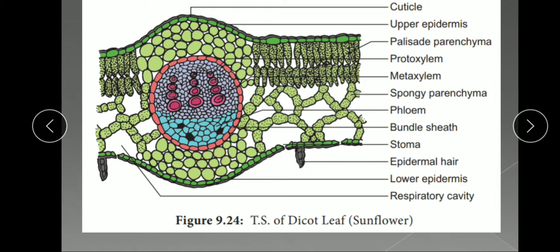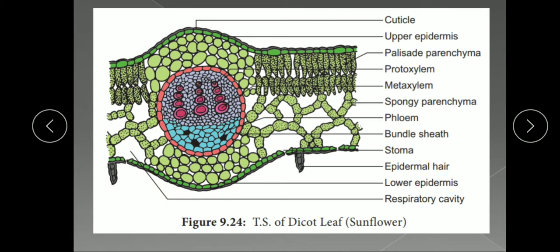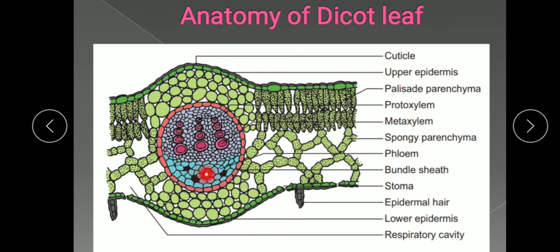And veins are surrounded by a thick layer of cells forming the bundle sheath. As I explained to you, the bundle sheath is in monocot leaf also, and here also. So on the outer side, this is the bundle sheath layer. Understood? Xylem and phloem are surrounded by a layer of thick walled cells, that is the bundle sheath cells. So this is the structure of the dicot leaf. Understood, children?